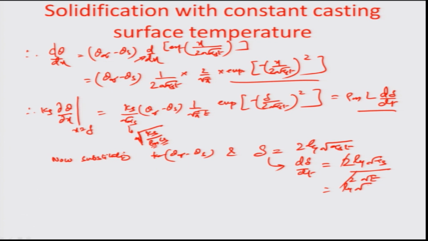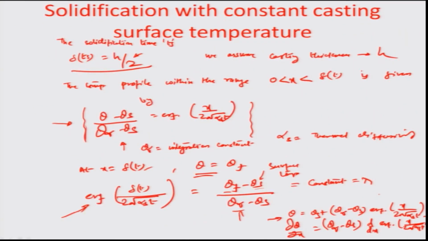So, we are left with zeta root alpha s by root t, and on the other hand, from equations done earlier here, we have that theta minus theta s really is a function of theta infinity minus theta s times error function of the term zeta.